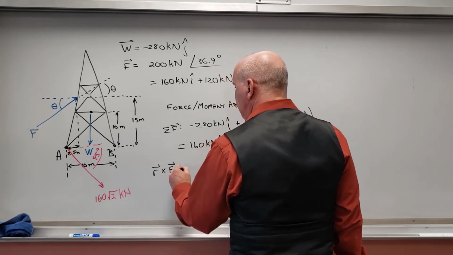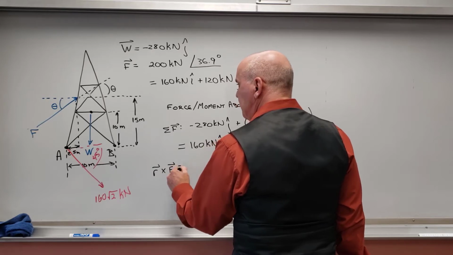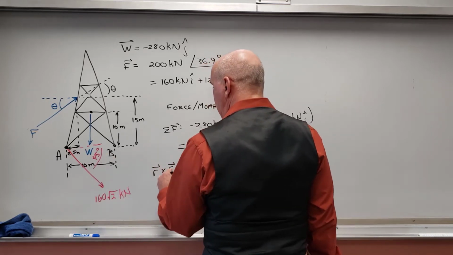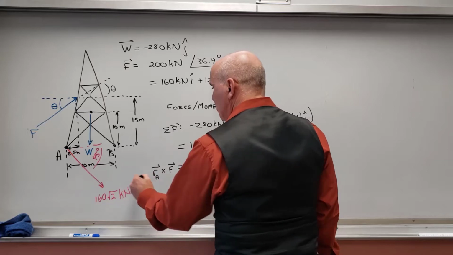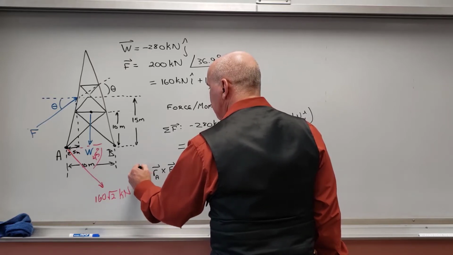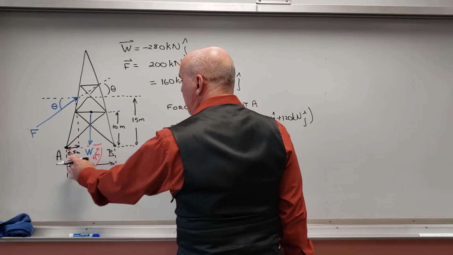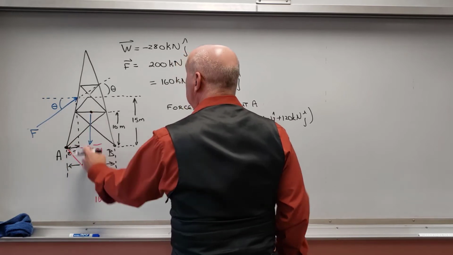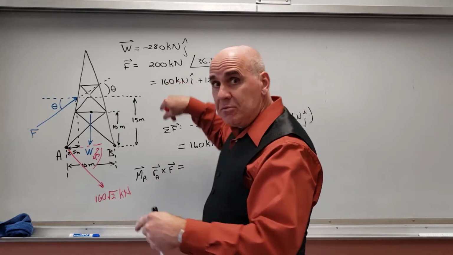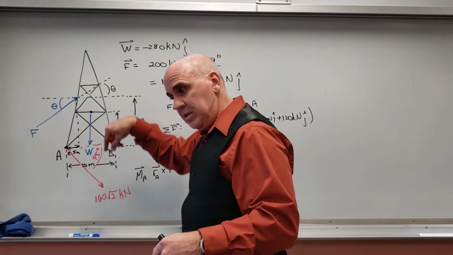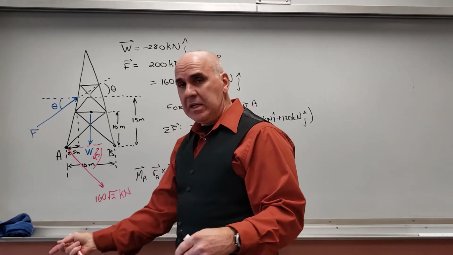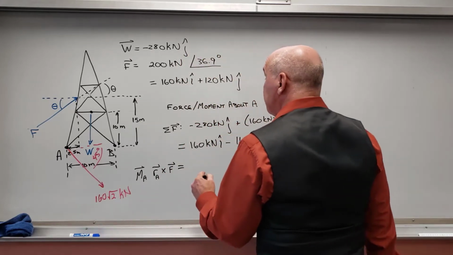in these two cases, right, I'm going around A. So the moment about A is what I'm interested in here. And this is 10 meters wide, so 5 meters times the weight. And that's going to try and rotate it clockwise, right? It's going to be down. It's going to be a clockwise rotation, so that's negative.